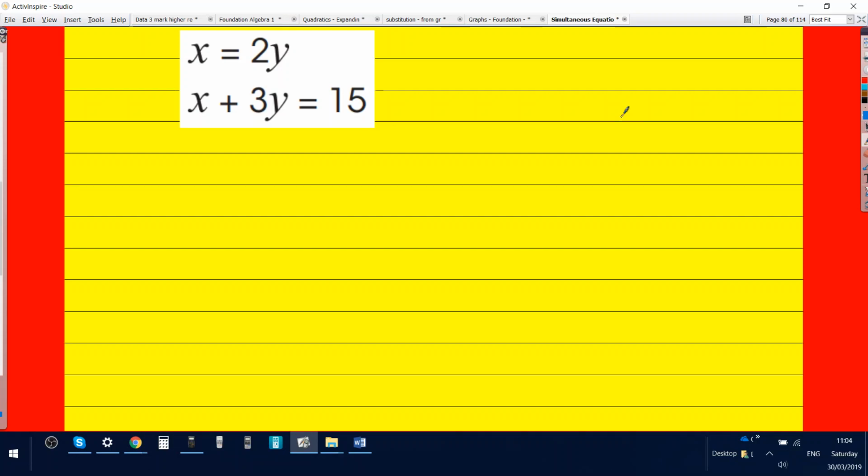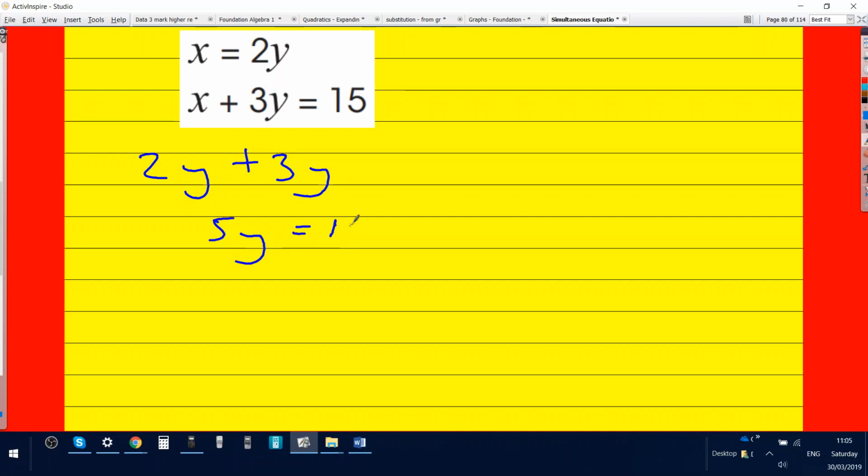I'm not really sure actually. X is 2y. So how could you? Yeah, I know. So substitute 2y for the x. So 2y plus 3y equals 15, which is just 5y. And then divide by 5, y equals 3.